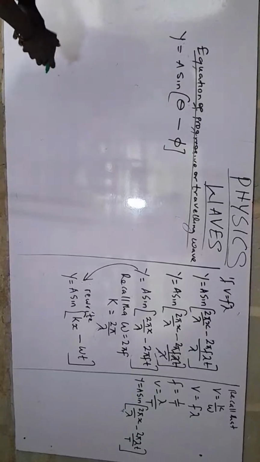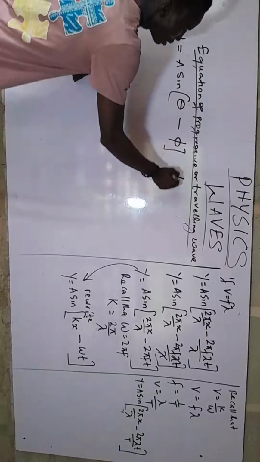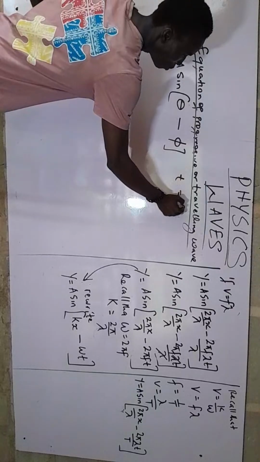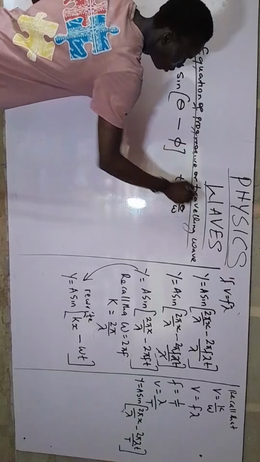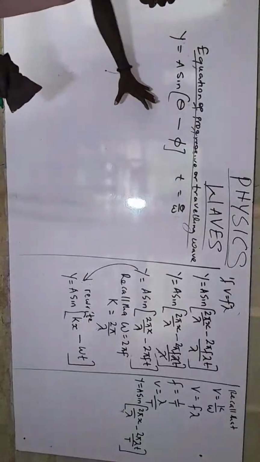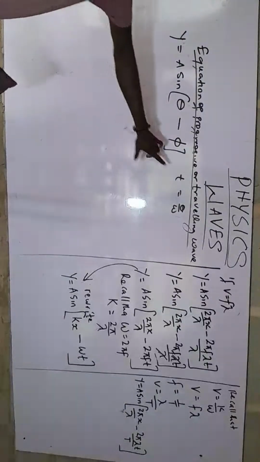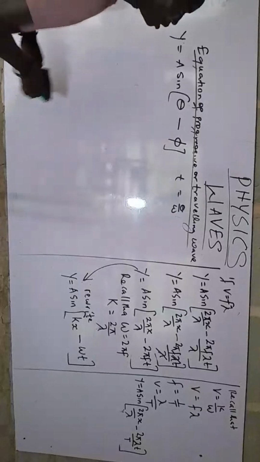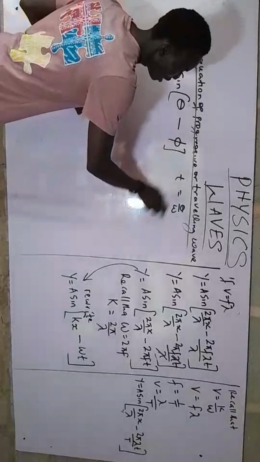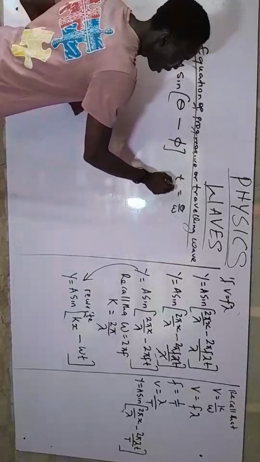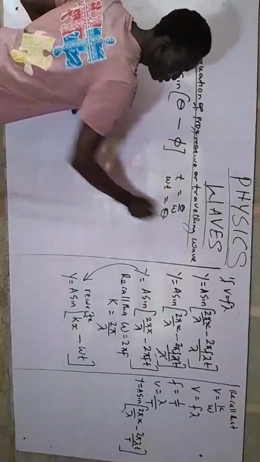The expression that we have in this place, recall that t equals theta over omega. So if t equals theta over omega, and we've already had it earlier, you can cross multiply here, that is omega t equals theta.